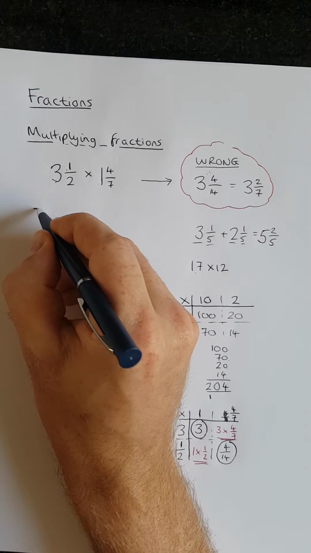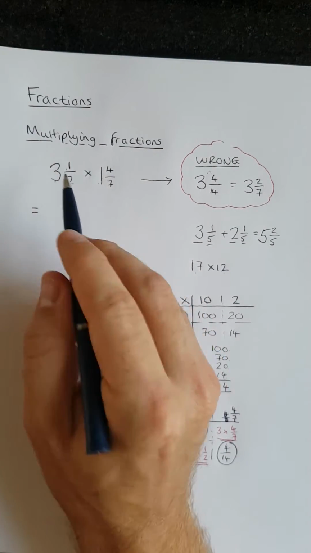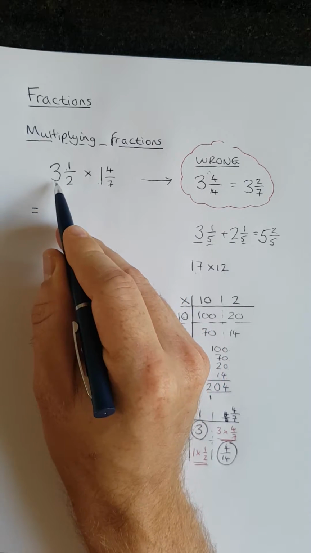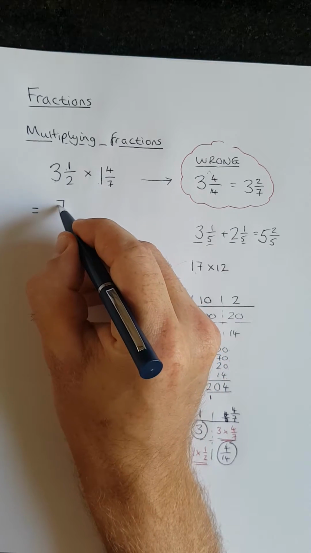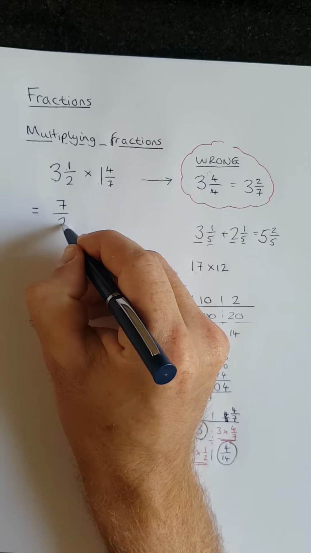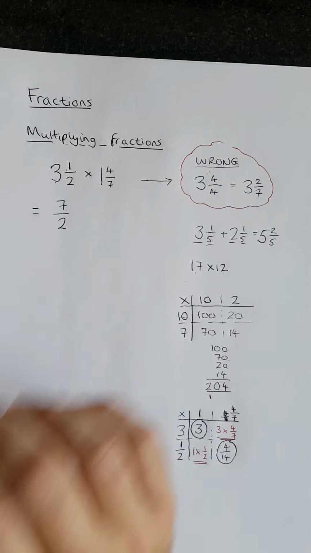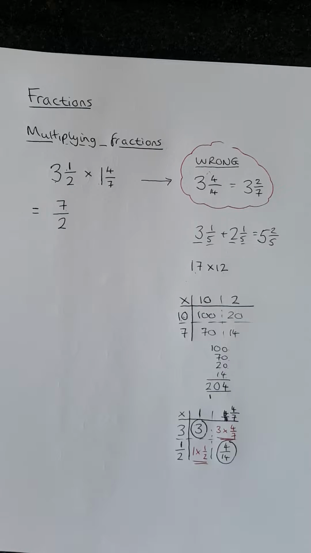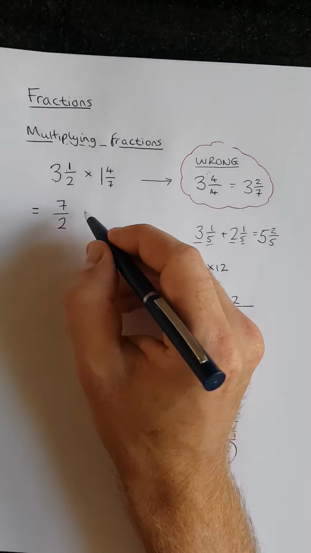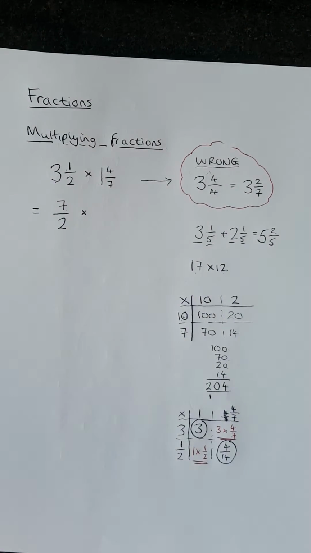What's to stop us from taking 3.5 and writing it as 7/2? If you need to go back and re-watch the mixed numbers to improper video, I suggest you do that now, because it will be a crucial skill for this section.